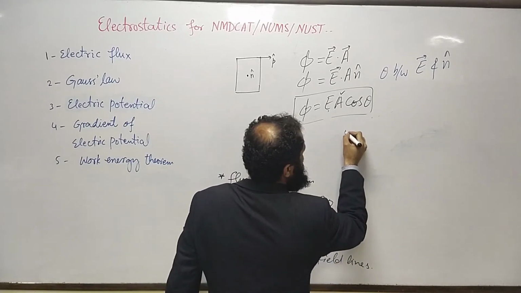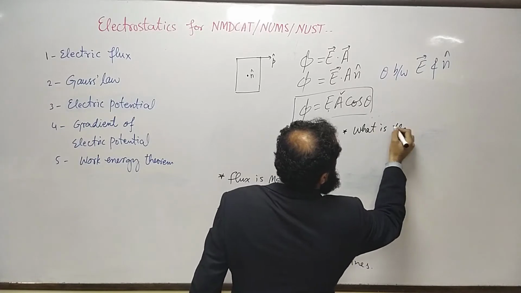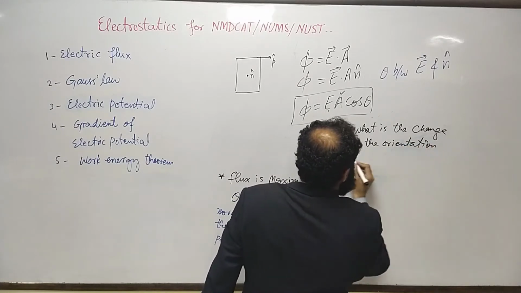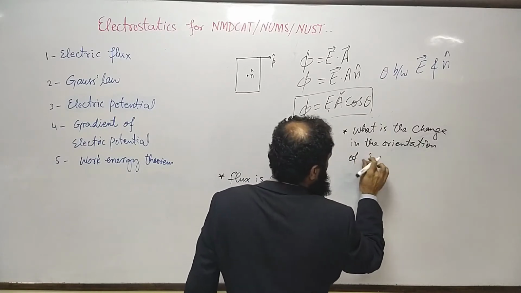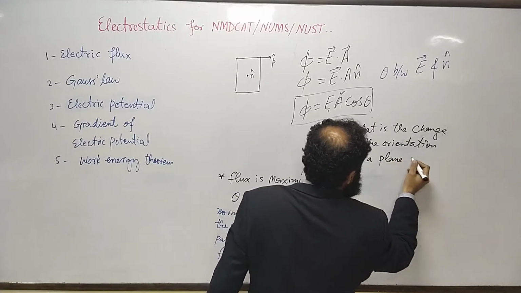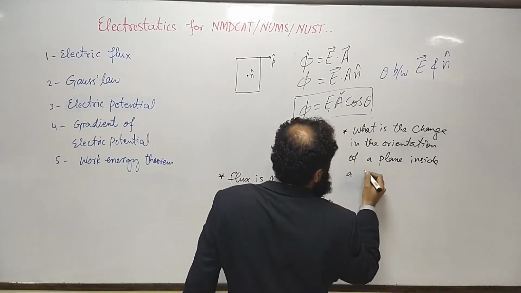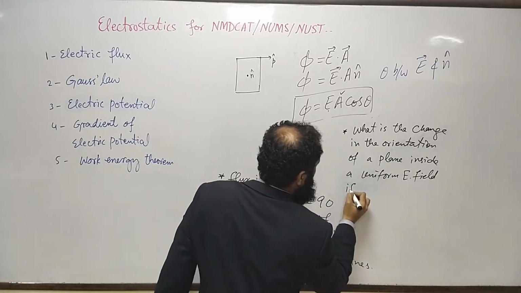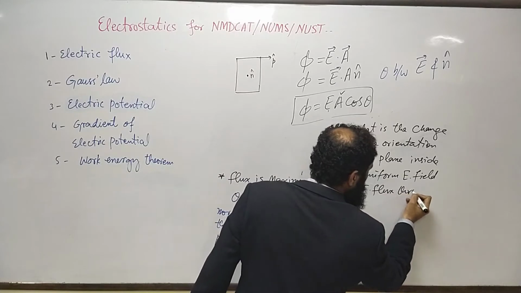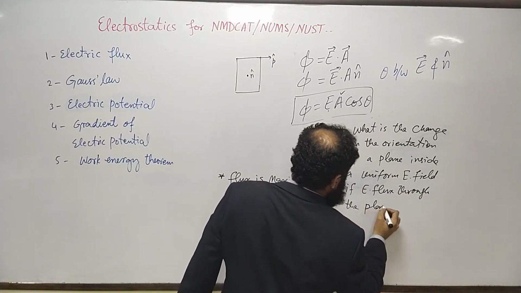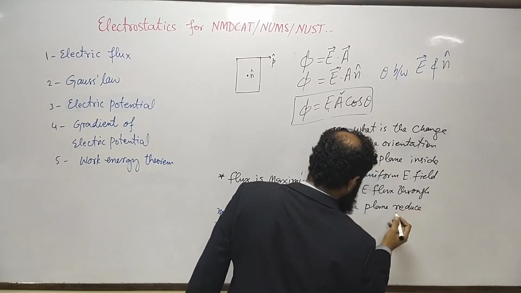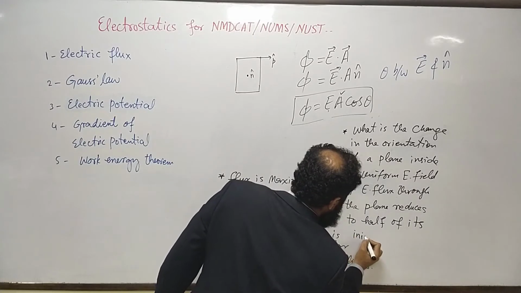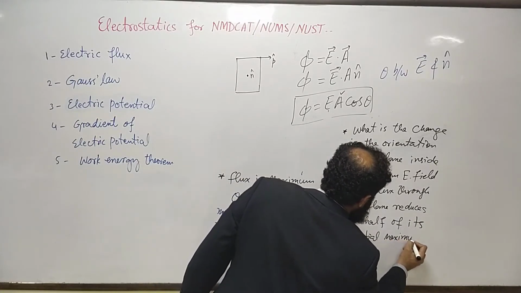The question is, what is the change in the orientation of a plane inside a uniform electric field if electric flux through the plane reduces to half of its initial maximum value?